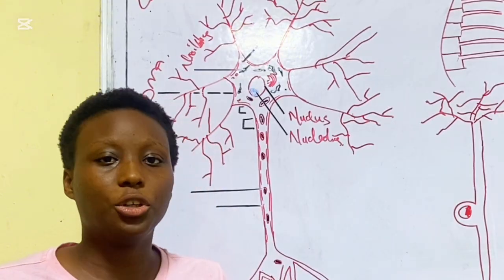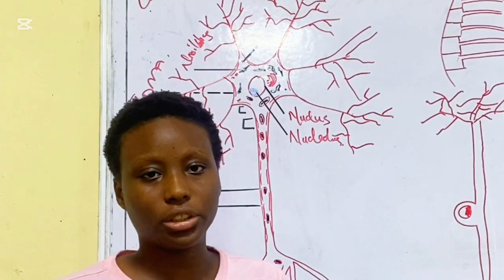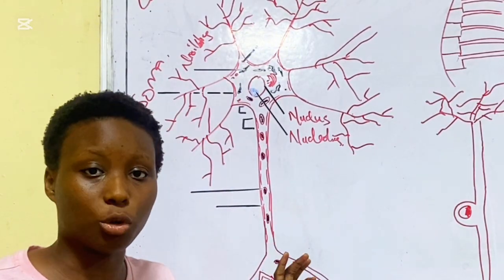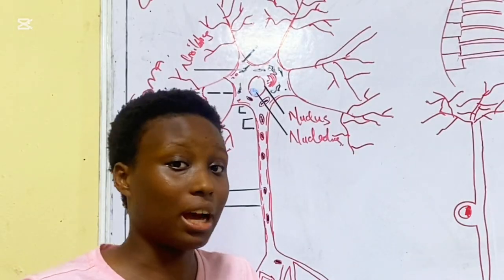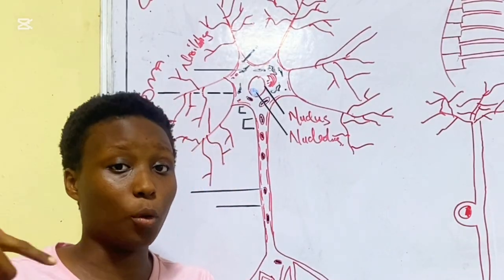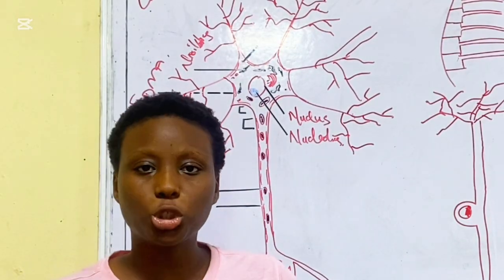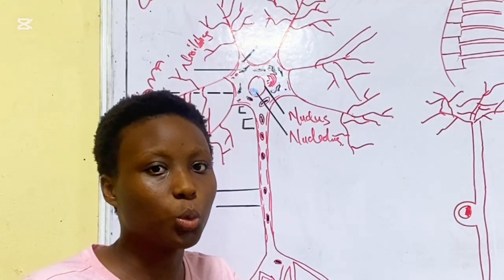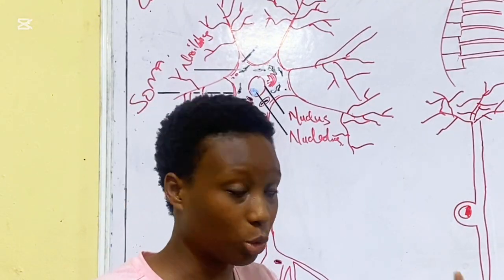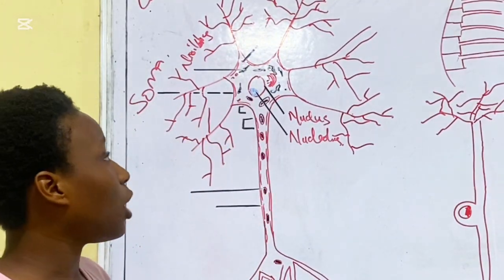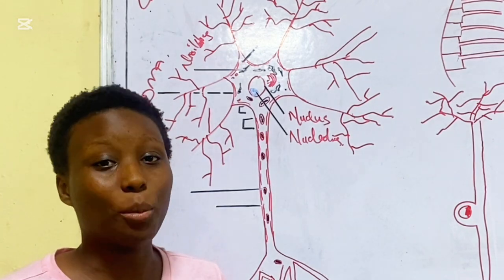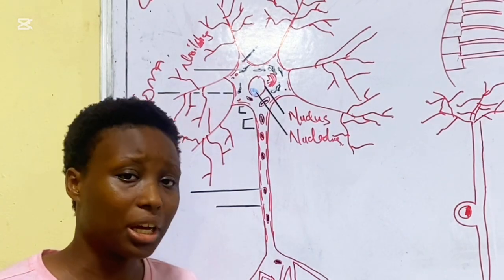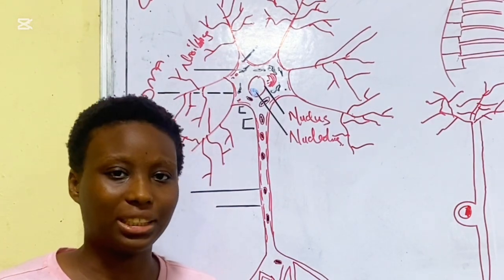Remember I said the neuron relies a lot on protein synthesis, both for axonal growth or neural growth via stimulation of protein synthesis for microtubules and also for the production of neurotransmitters through which impulse is sent or transmitted. Now, the Nissl bodies contain endoplasmic reticulum, and the Nissl bodies are basophilic, meaning that they stain with basic dye.